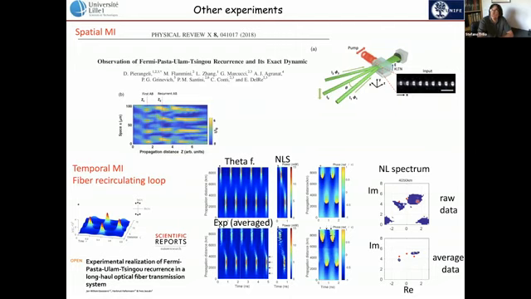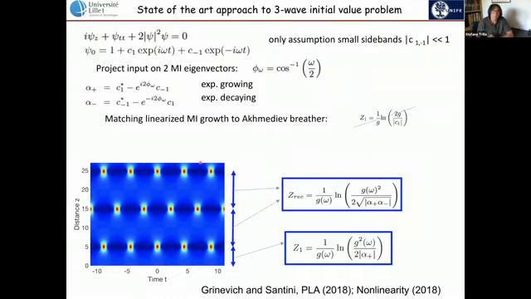So this is what I call a brute force approach. They start from the finite gap, but at the end of the day, if you want to compare with the real spectrum, you have to do averaging and filtering of the data, and still the agreement is not that good, which is not surprising because you are propagating over very, very long distances.